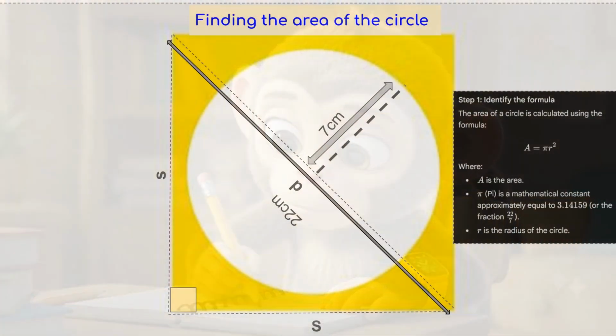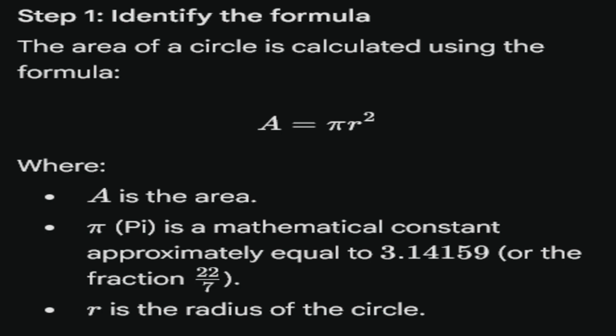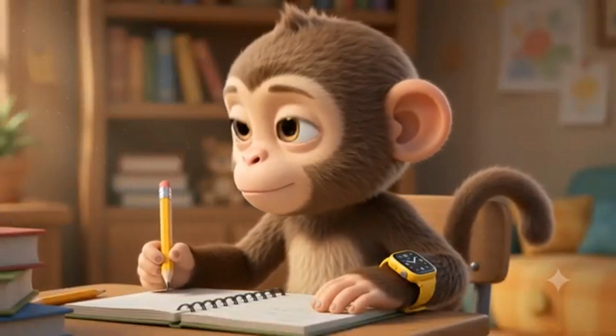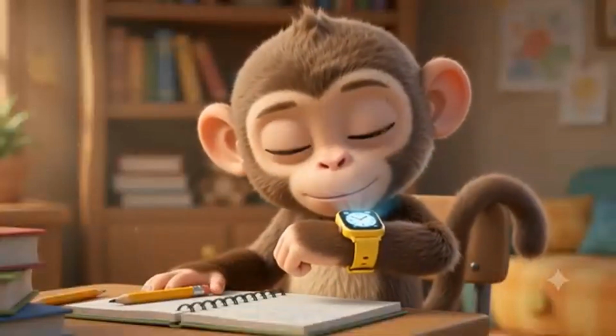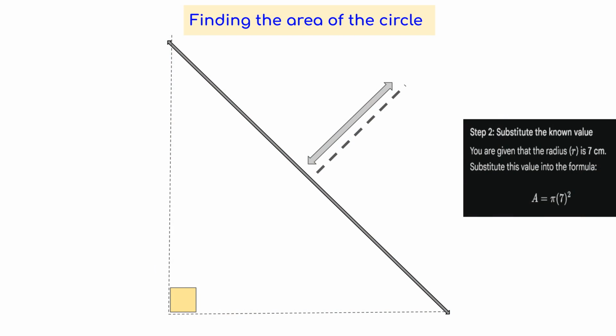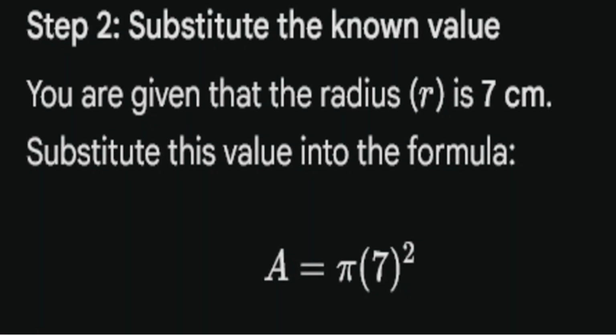Next, let's find the area of the circle. The formula for the area of a circle is pi times the radius squared. Given our radius is 7 centimeters, we square that value and multiply by pi.